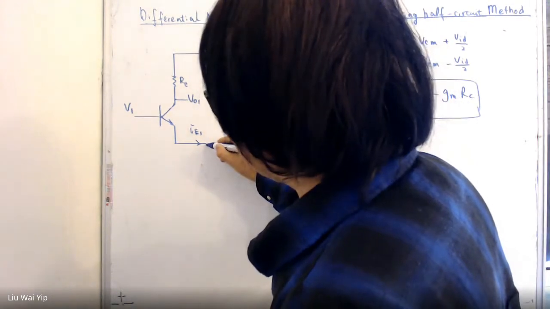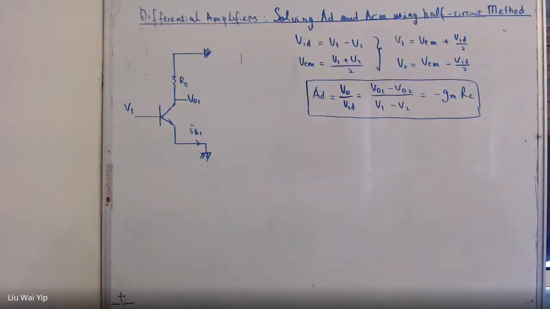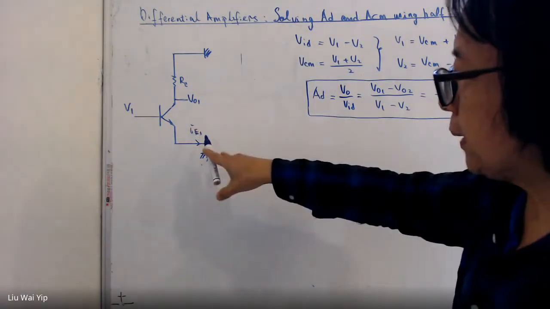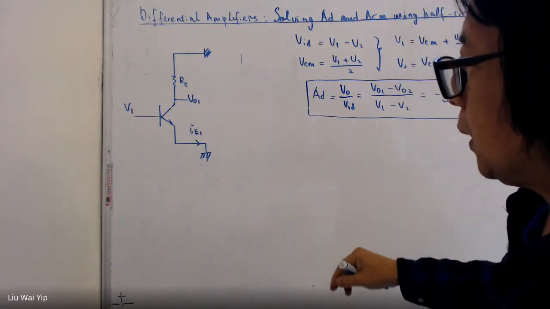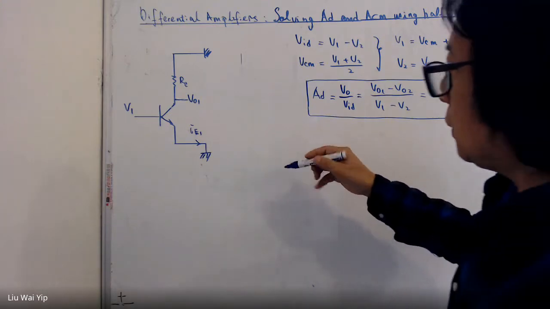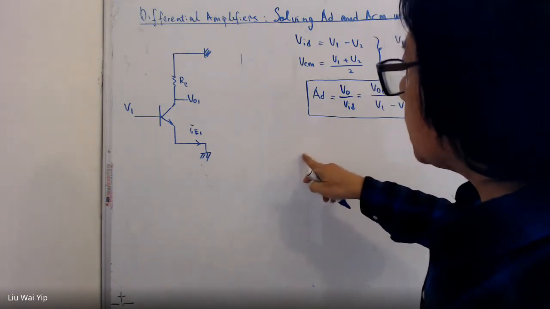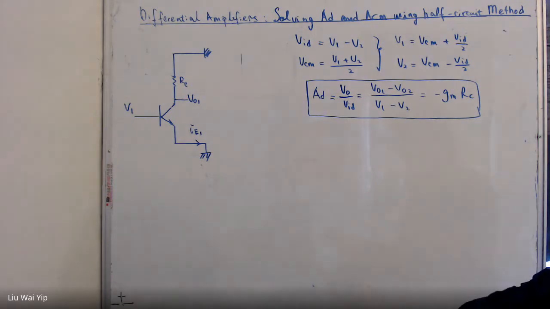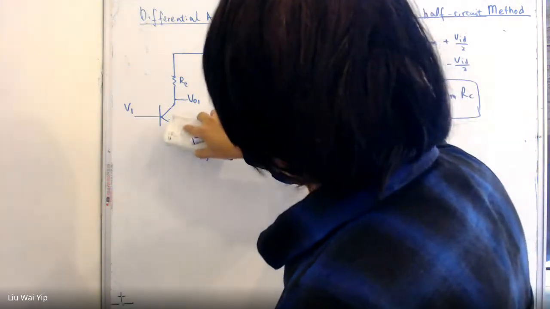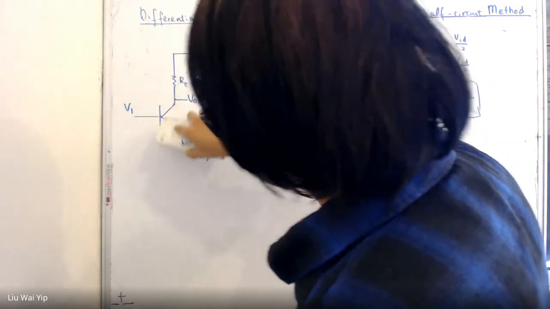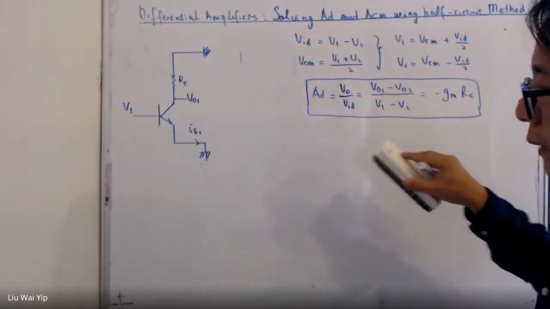This one is ground, and this one is ground. And based on the information here, whether we use the T model or pi model, let's change this to the small signal model first. For the time being, let's assume the transistor is perfect. It has no early effect.